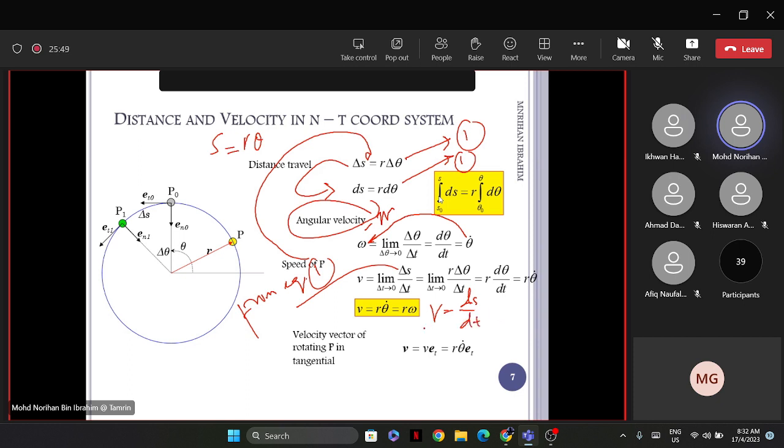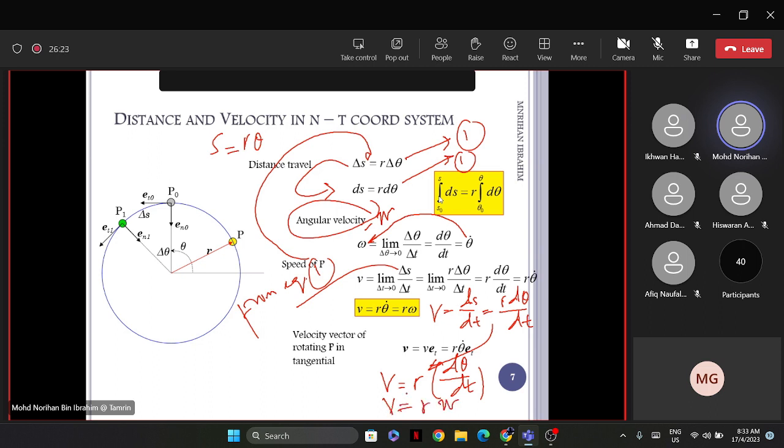The basic equation for average velocity or velocity is V is equal to ds over dt, and we know that ds is equal to R d theta, so V is equal to R d theta over dt. If we rearrange this, V is equal to R multiplied by d theta over dt. And we know that d theta over dt is equal to omega. So V is equal to R omega.